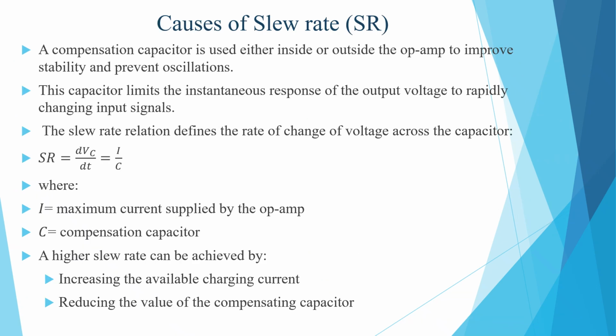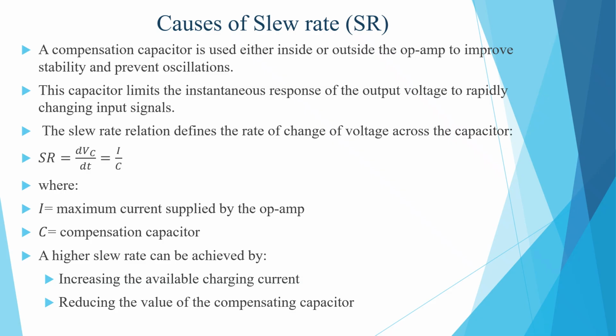Causes of slew rate. To maintain stability and avoid unwanted oscillations, op-amps use compensation capacitors. These capacitors may be internally connected within the op-amp or externally connected in the circuit. The compensation capacitor slows down the response of the output voltage to sudden changes in the input signal.